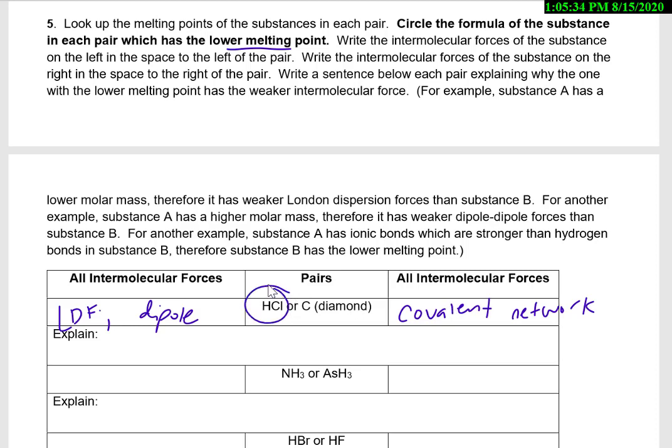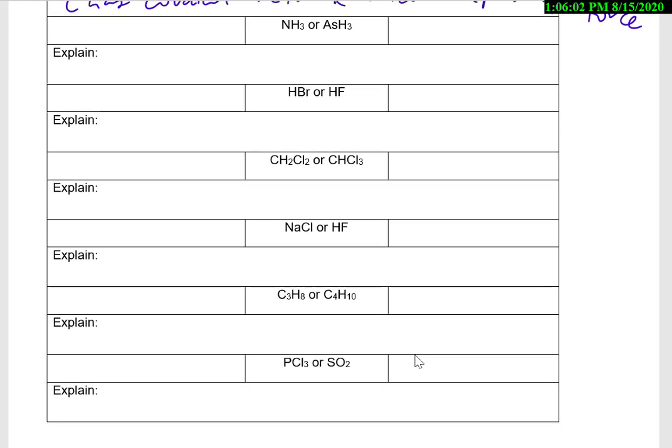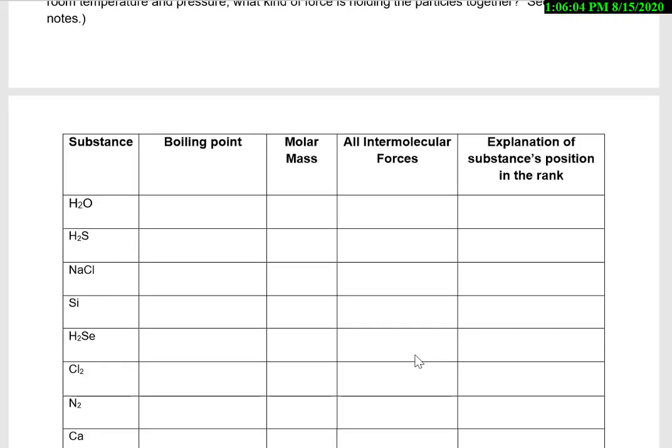So we would circle HCl, and our explanation might be that carbon has covalent network, which is a primary bonding force. And you'll continue that through as you compare these different atoms and molecules.